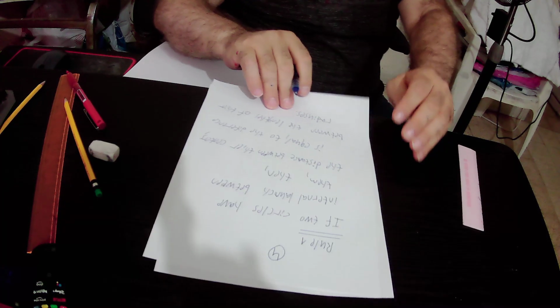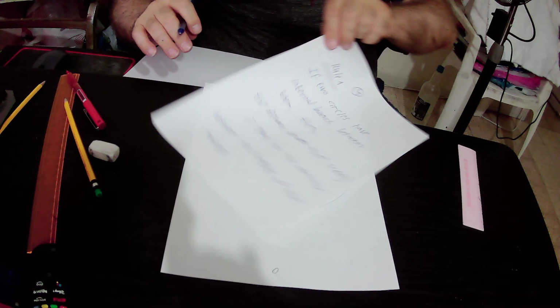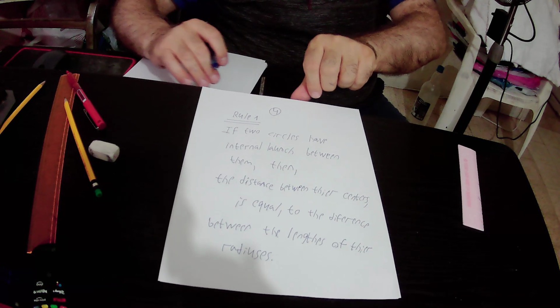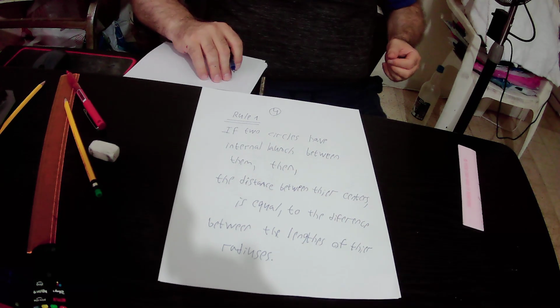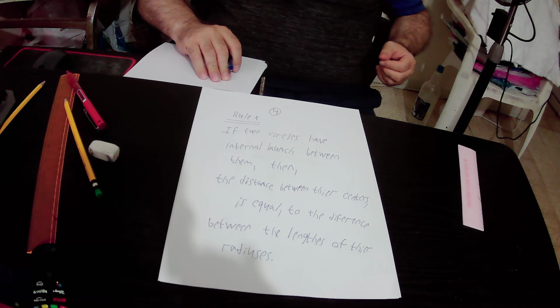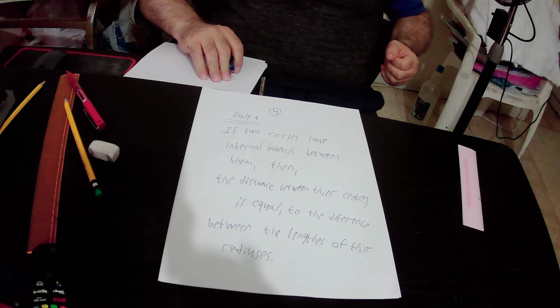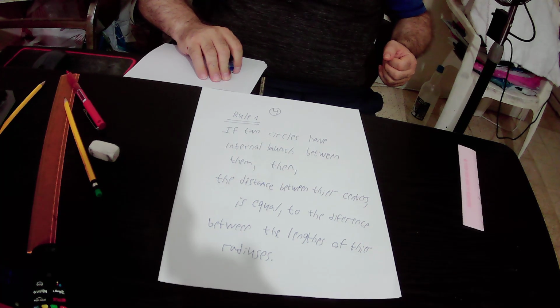So I will read rule number 1 again. According to rule number 1, if two circles have internal lunge between them, then the distance between their centers is equal to the difference between the lengths of their radiuses.